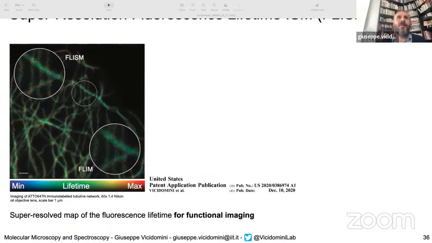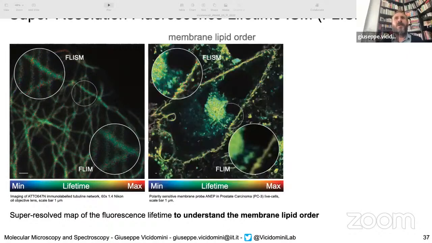So now we end up with a fluorescence lifetime map that has double the resolution compared to a conventional microscope, because we can take advantage of both the spatial and temporal information provided by the detector array. That's not really a fancy example because it's tubulin, the lifetime is constant, so there is nothing to learn from the functional point of view.